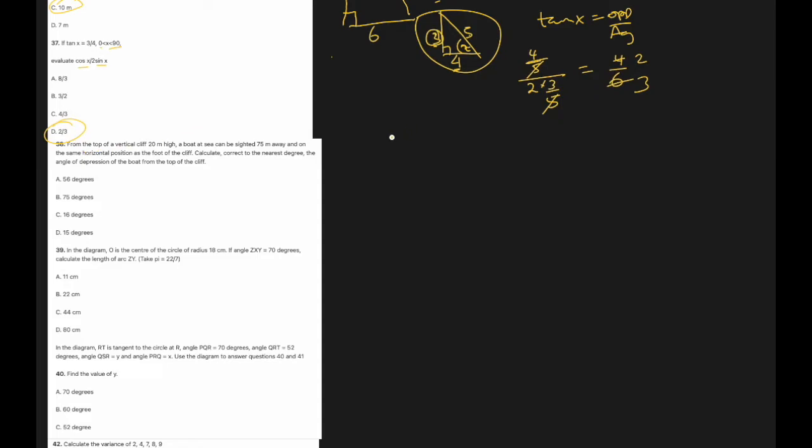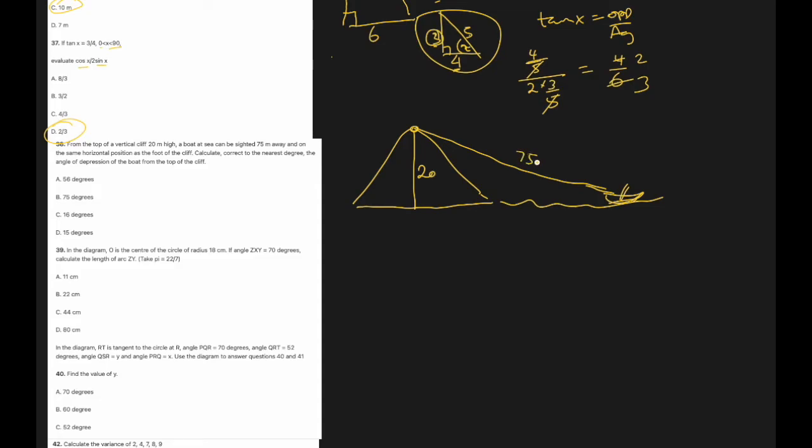From the top of a vertical cliff 20 meters high, a boat on the sea. So this is the sea, there is a boat here, which can be sighted 75 meters away from the cliff, and on the same horizontal position as the foot of the cliff.